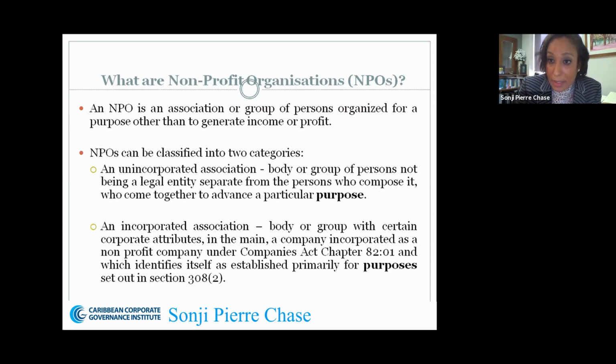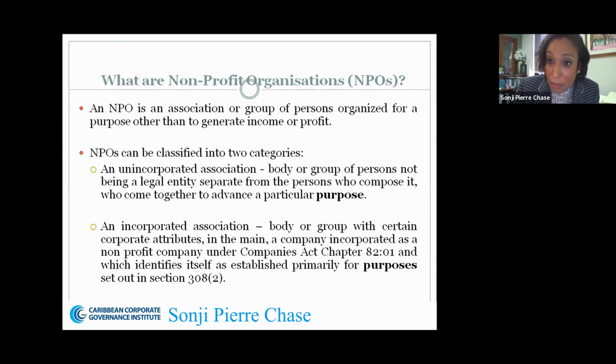So let's take an example. A group of housewives in a village, a fishing village of Moruga. They decide that there is this extremely intelligent kid in their village who has the potential of going to Yale or Harvard or some university. And they come together to raise funds to assist with his educational purposes. There's no legal structure there.